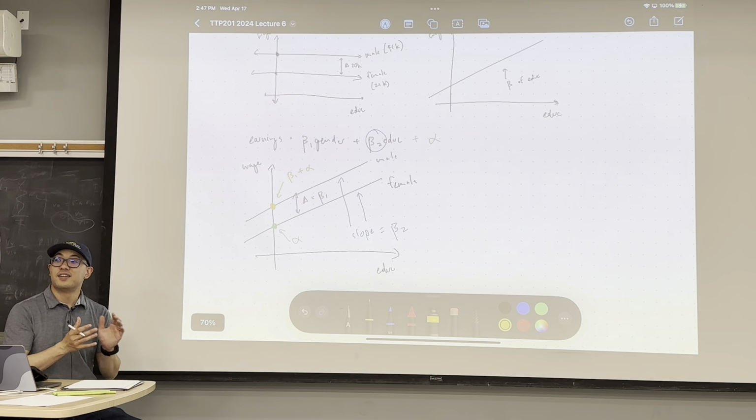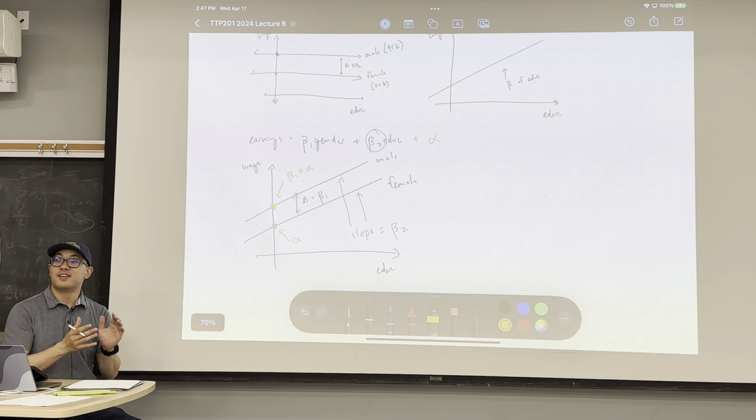So this is saying, if you are male, you make beta 1 more money than if you are female, no matter where you are, and both males and females will benefit from having more years of education, and both will have a beta 2 increase in their income for every additional year of education that they have. Okay, can anyone guess what the next step is?